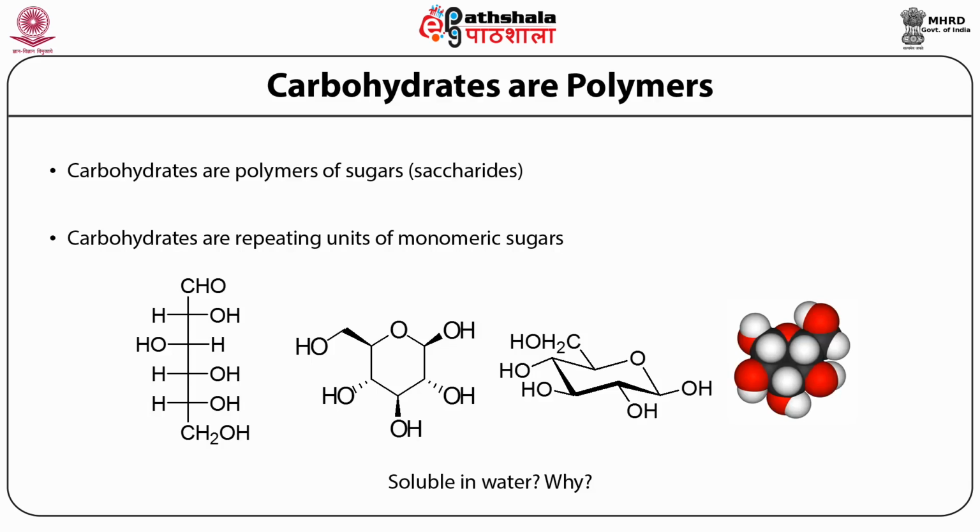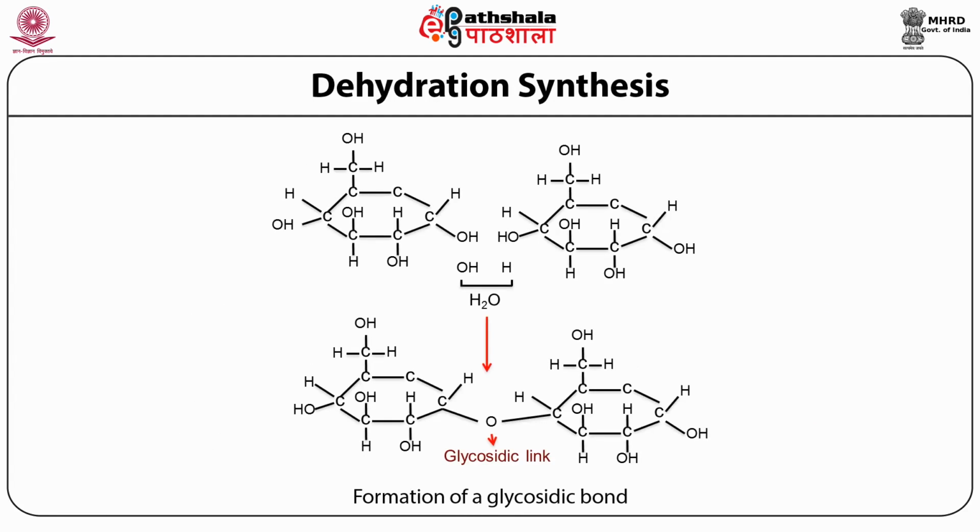Since hydroxyl groups are polar, these compounds are soluble in water. So let us now have a look at how two monomers are brought together and linked through a glycosidic link.